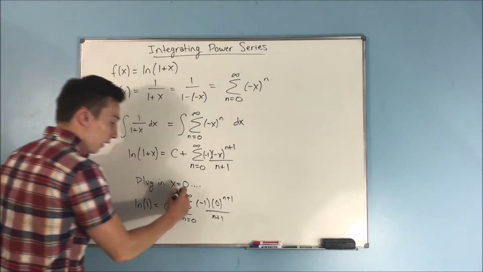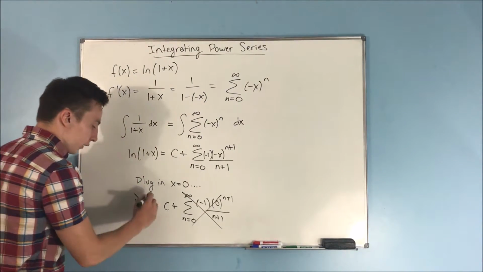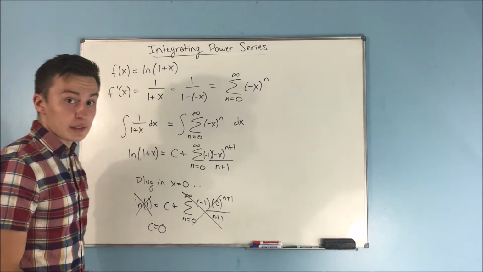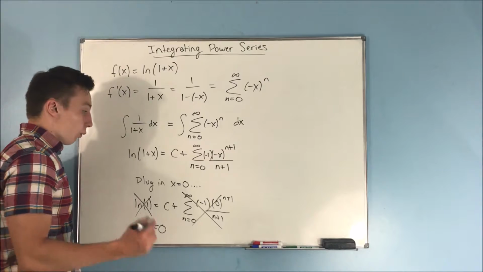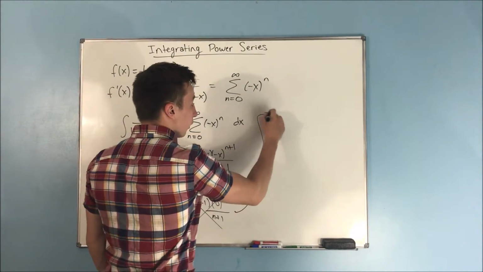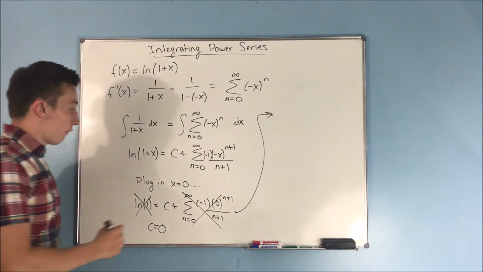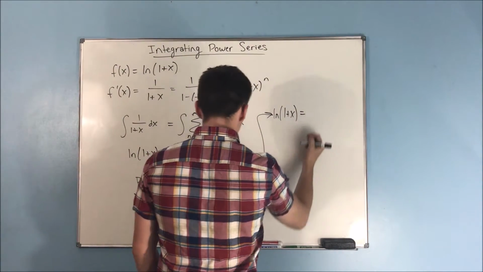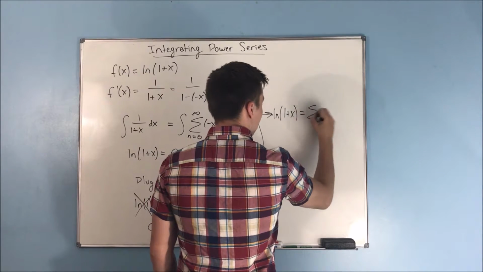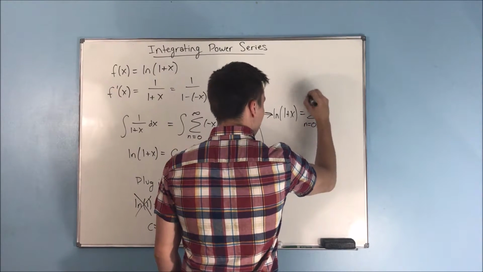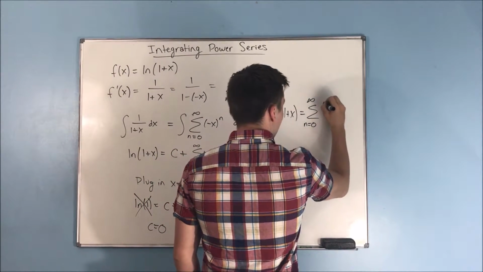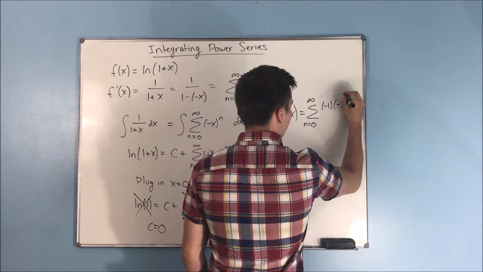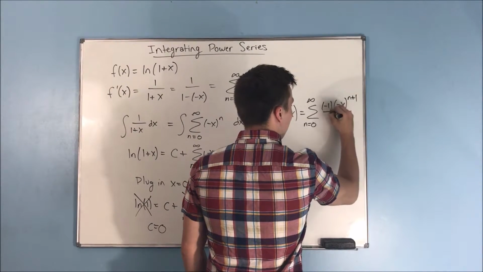Now what we know is that this is going to be 0 and this is going to be 0, so c is going to equal 0 in this case. So we know now that we have natural log of 1 plus x equal to the sum from n equals 0 to infinity of negative 1 times negative x to the n plus 1 over n plus 1.